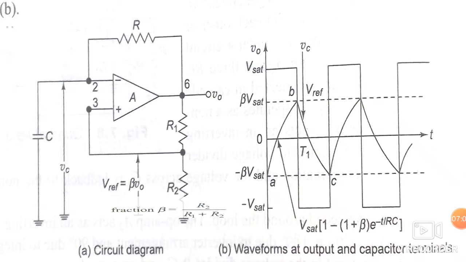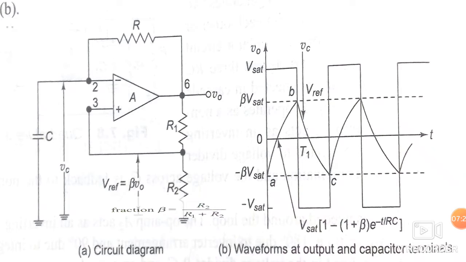Now as soon as the output goes to minus Vsat from plus Vsat, the voltage across this resistor R2 will also change.